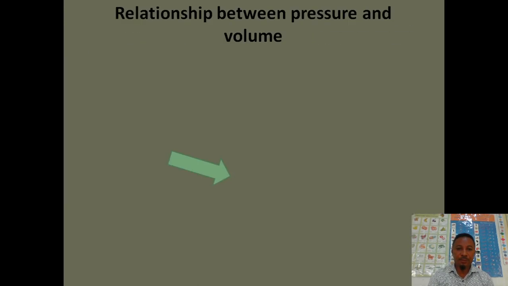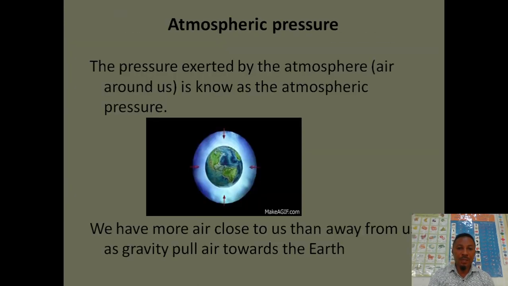So we can say that the pressure exerted by the atmosphere, that is the air around us, is what we call atmospheric pressure. Remember, air around us constantly hits us from all directions. So the pressure is called atmospheric pressure.